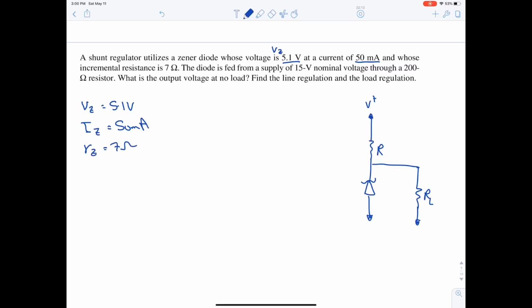The diode is fed from a supply of 15 volt, so V plus is 15 volt nominal voltage, through a 200 ohm resistance. So R is 200. What is the output voltage at no load? Find line regulation and load regulation.